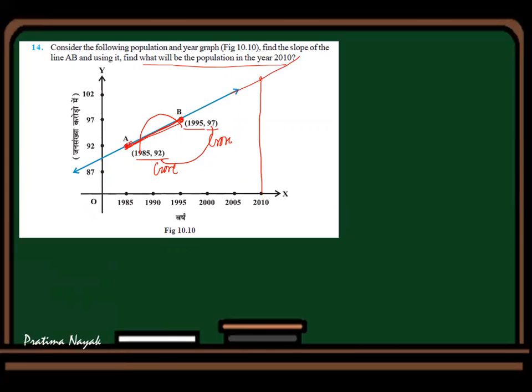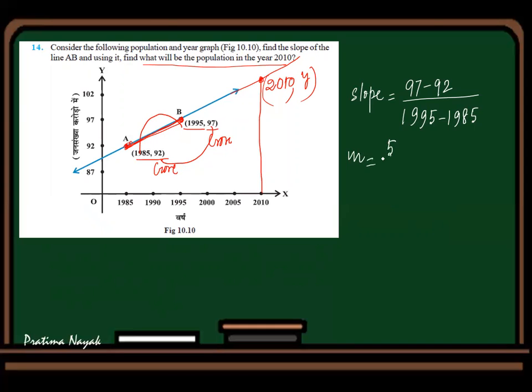Then find the population in the year 2010 using this slope. If it is 2010, what will be your y? So this is very simple. First we'll get the slope. Slope is equal to y2, 97 minus y1, 92, upon 1995 minus 1985. So you are getting m is equal to 5 by 10. How much will it be? 1 by 2.